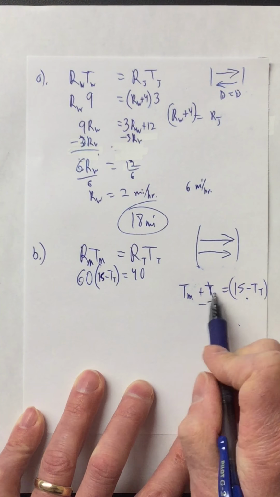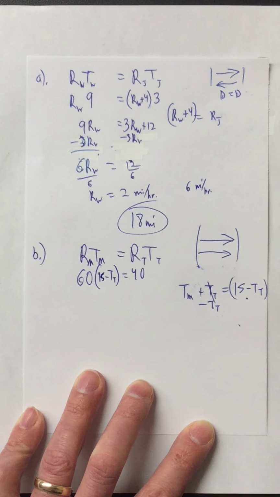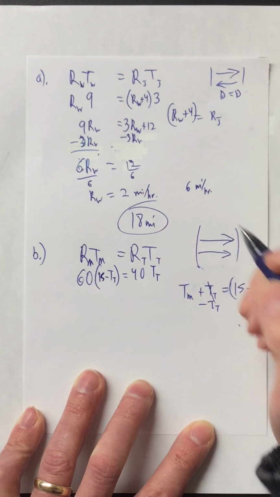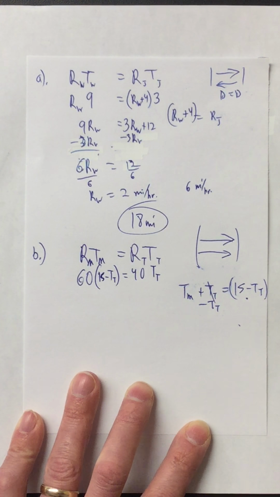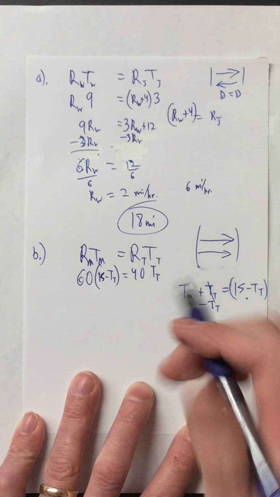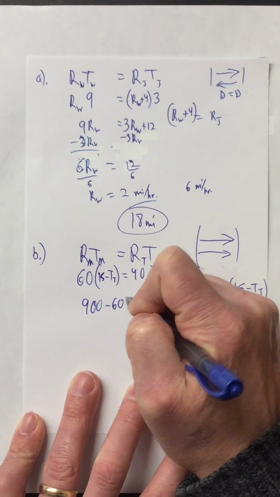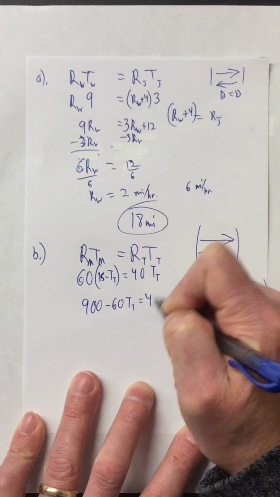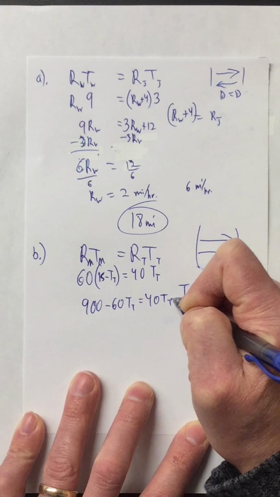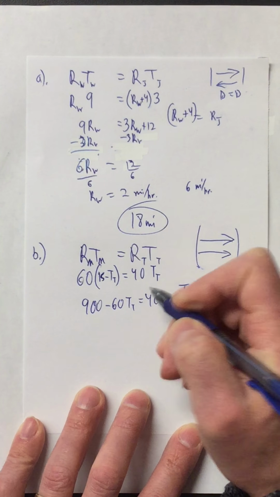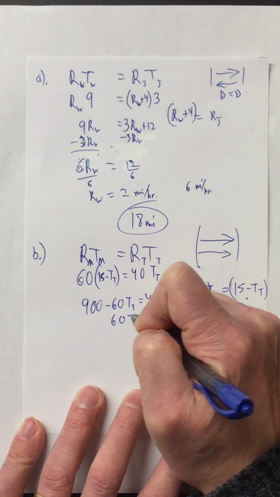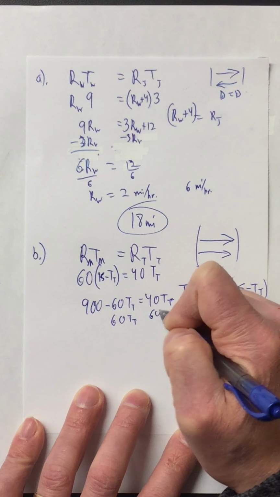And notice how we had to add the 2 together to get the total time, and then bring the time of Tuesday down. So 60 times 15 is 900 as I move my parentheses here, times 1. My parentheses are now gone. Let's take this negative number and add it to the other side. So let's add 60 time of t to both sides.